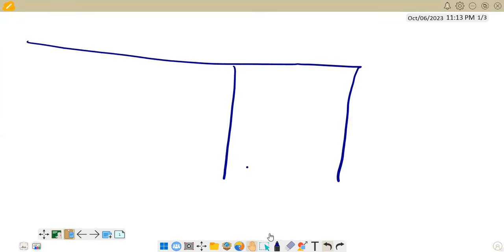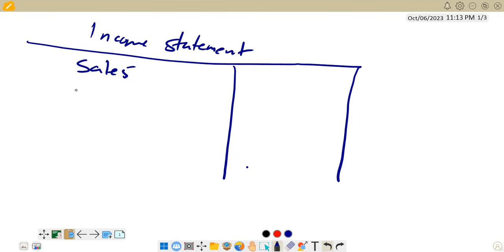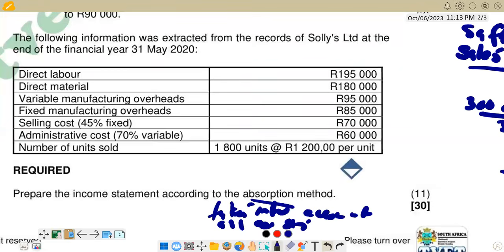Right. This is the income statement that we want to prepare. That is what the question is asking us to prepare. On the income statement, obviously, we are going to start with sales. If you check in the question, the sales are mentioned here. We sold 1,800 units at 1,200 per unit.